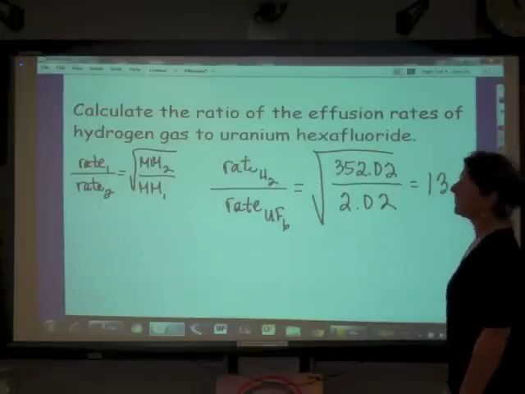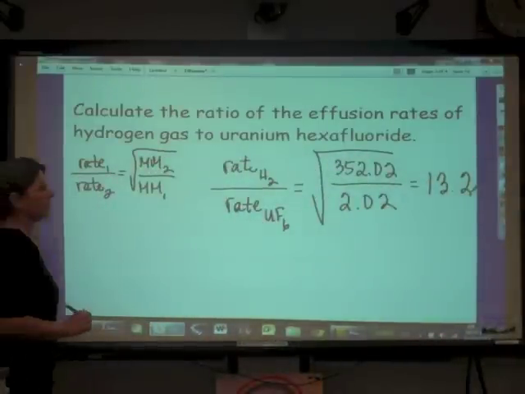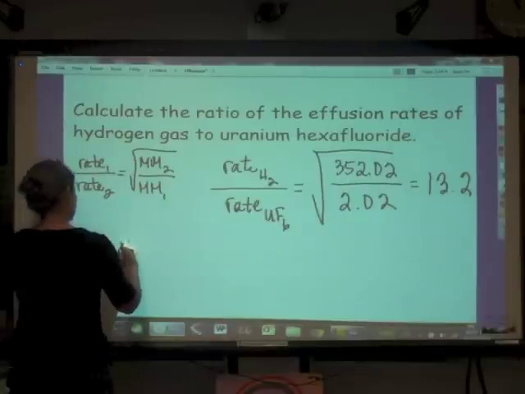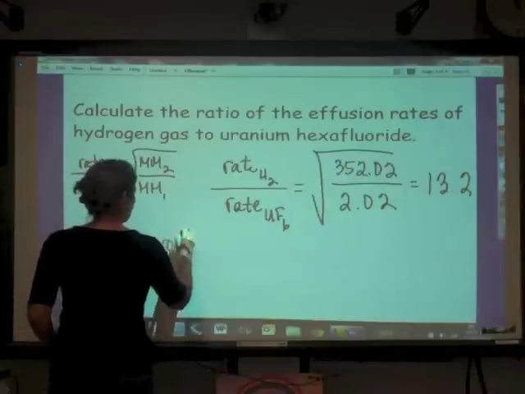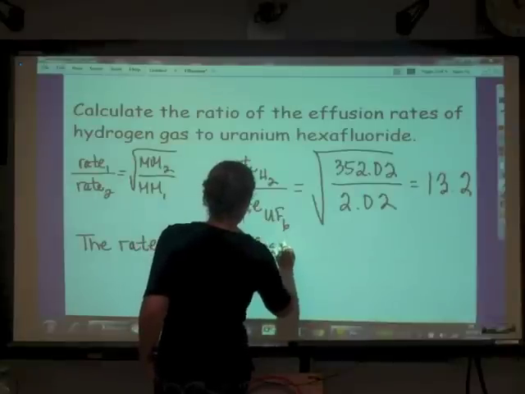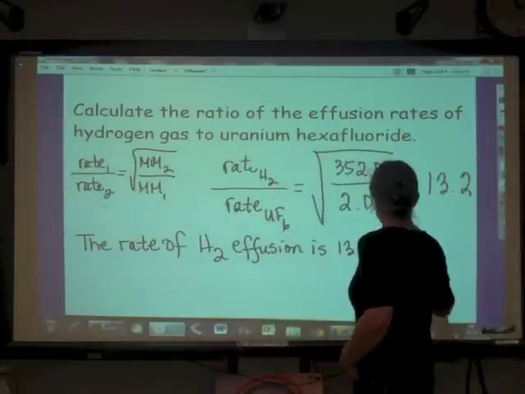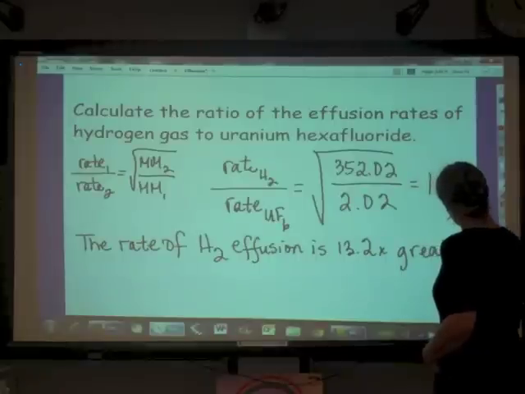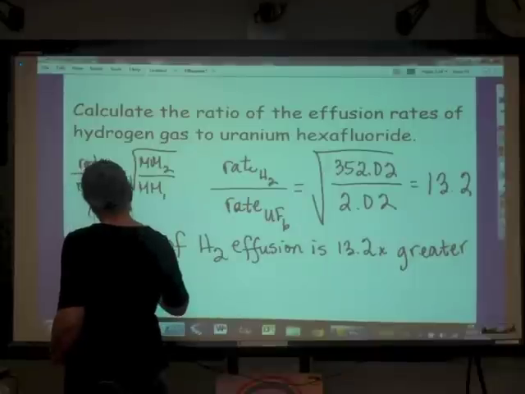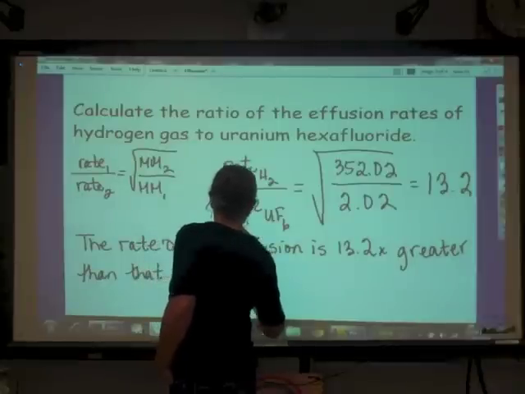And what does that mean, 13.2? Well, that means that the rate of hydrogen effusion is 13.2 times greater than that of uranium hexafluoride.